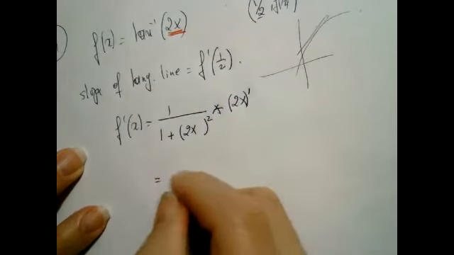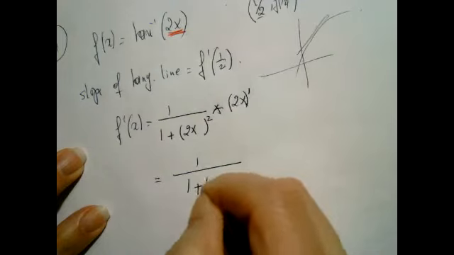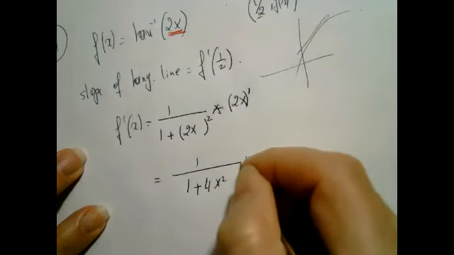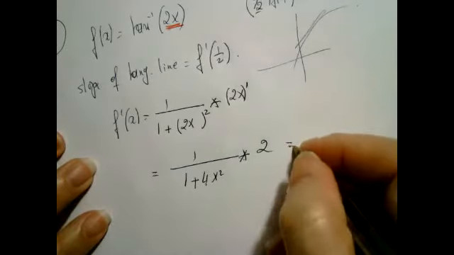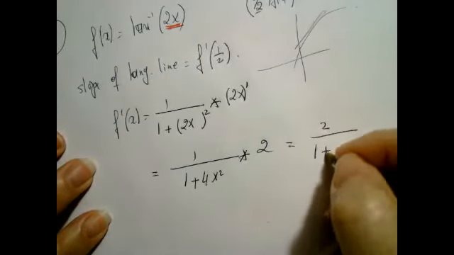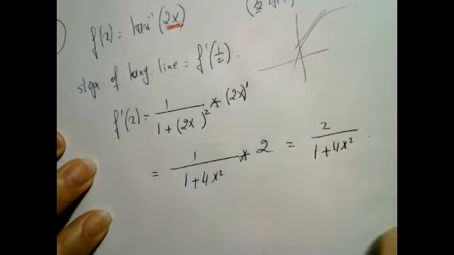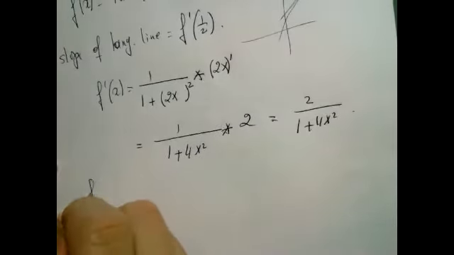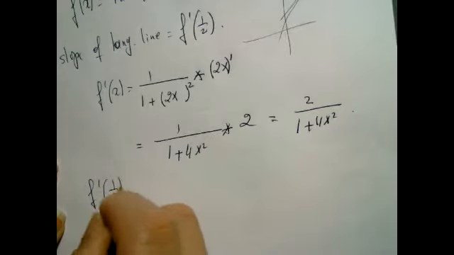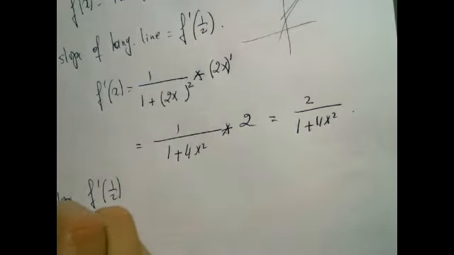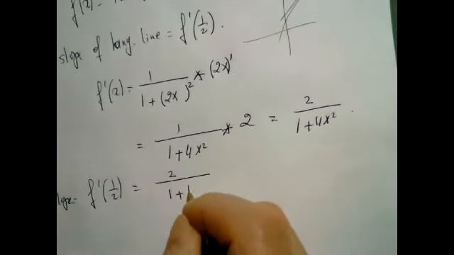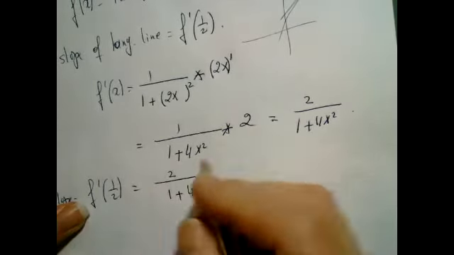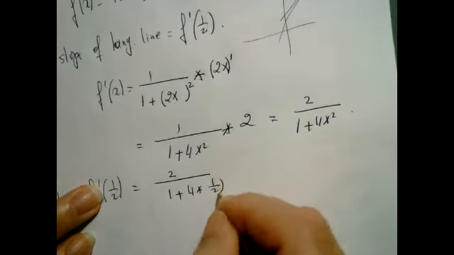So it's equal to 1 over 1 plus 4x squared times 2. All right? In other words, it's 2 over 1 plus 4x squared. Now I need it at a specific value, at 1/2. So what is f prime at the half? So that's the slope. So at 1/2, it's 2 over 1 plus 4 times x squared.